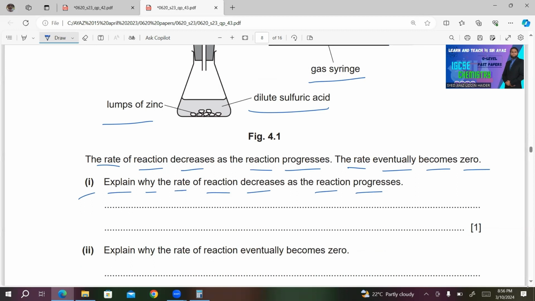So you can mention the concentration of the acid particles decreases or frequency of collision between particles decreases.